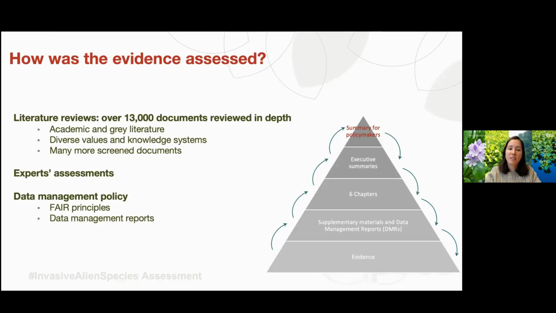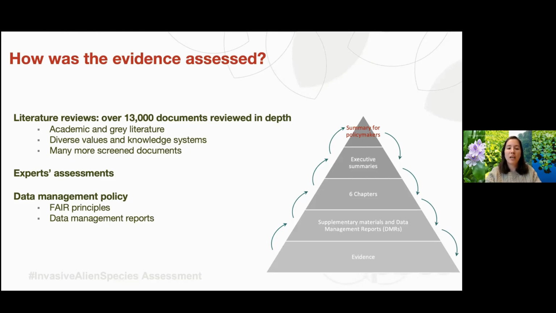How was the evidence assessed? There were a lot of systematic literature reviews. Over 13,000 documents were reviewed in depth, but of course, many more were screened. For instance, for a single literature review on scenarios and models, about 30,000 documents were screened. And by documents, we mean academic and gray literature, meaning ILK materials and government reports, for instance.